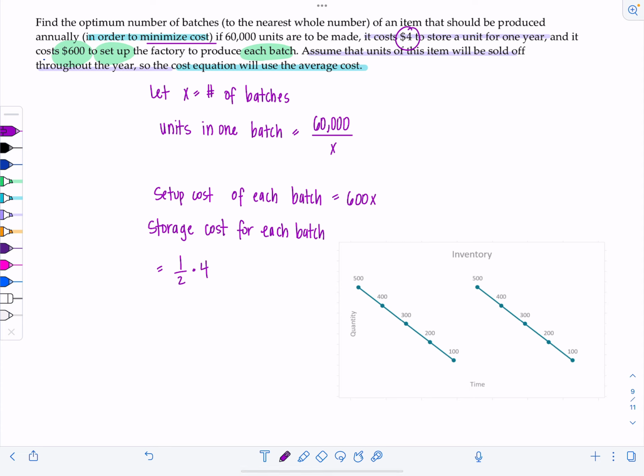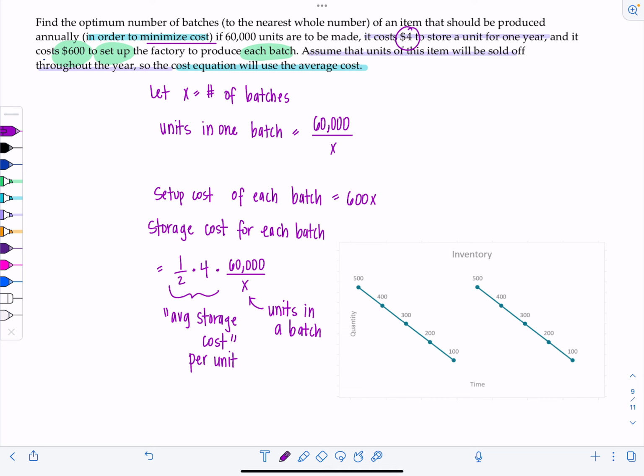So $4 times how many units are there per batch? 60,000 over X. So that's the number of units in a batch. And then the 1/2 times the 4, that's your average storage or holding cost per unit.